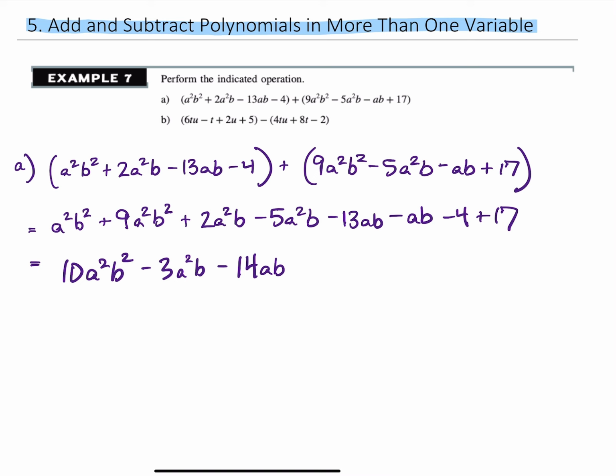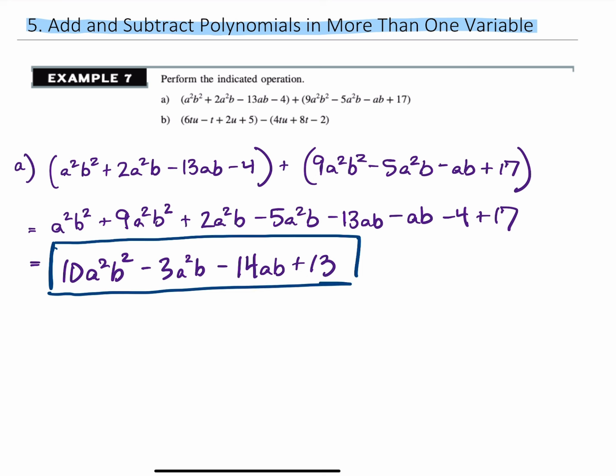Then we have minus 4 plus 17, so that should leave us with a positive 13. So same idea, we just need to have the same variables and exponents for both of the variables, and those terms can combine together.